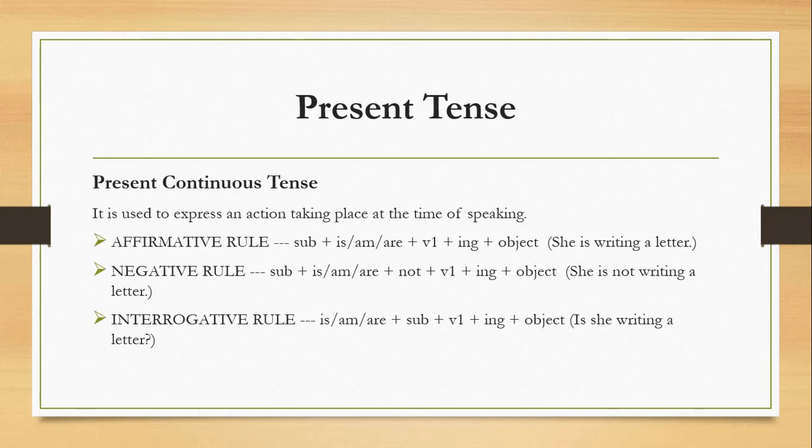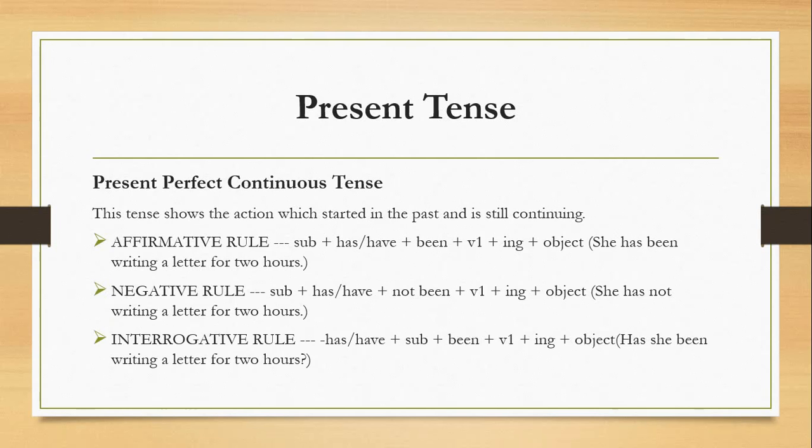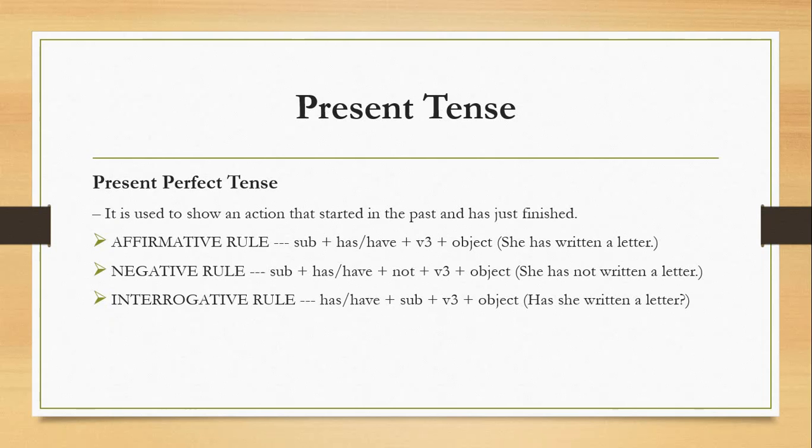Then comes present perfect tense. It is used to show an action that started in the past and has just finished. Do remember, it started in the past but it has just finished. It is present perfect. For example, affirmative, subject plus has or have.